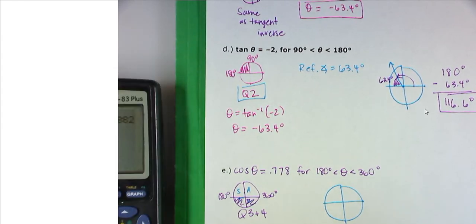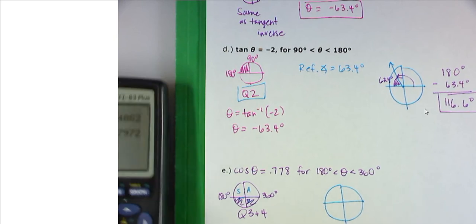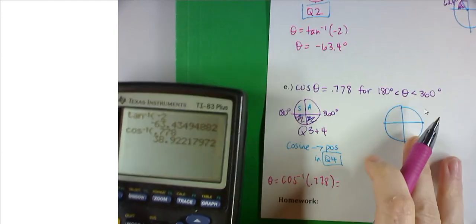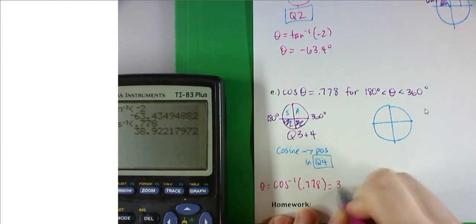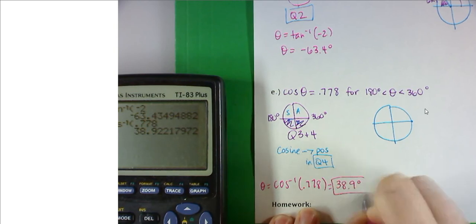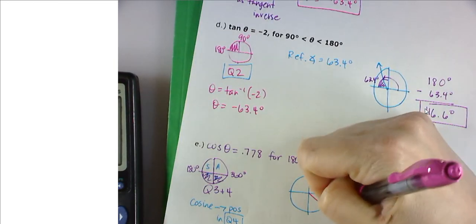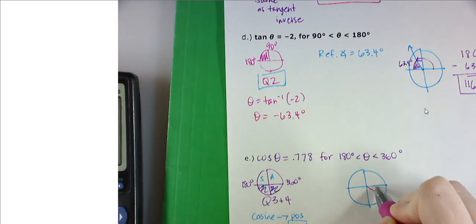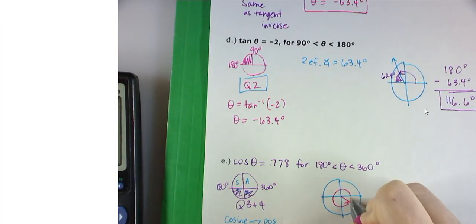Okay, so then what I'm going to do is draw that in quadrant 4. So what I'm trying to do is find this angle here when I know that this angle is 38.9 degrees. So this one's a little bit different based on its position. You can see that the angle measure I'm trying to find and the reference angle added together is going to be 360.